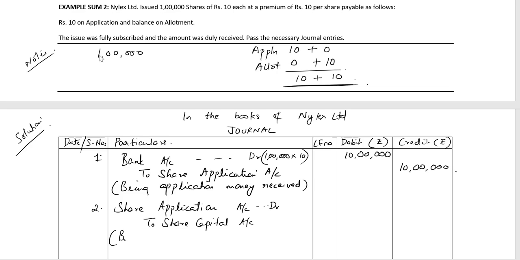Narration being application money transferred to share capital account. The amount of the application money which is transferred is rupees 10 lakh.